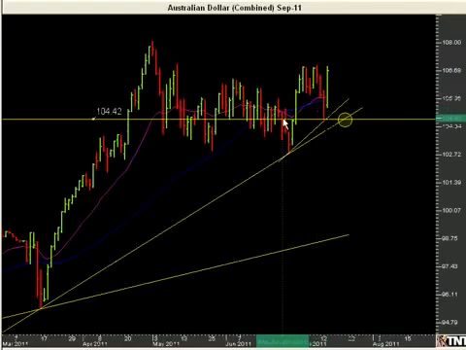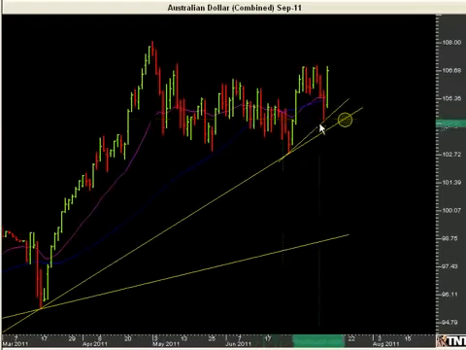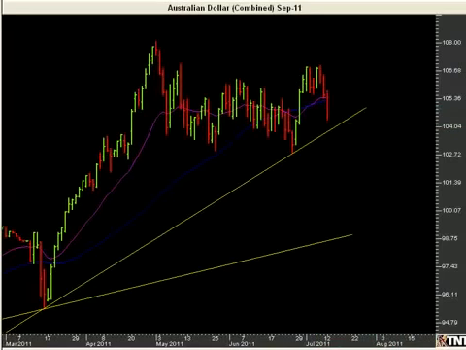If I erase this and erase this because it didn't happen just yet, okay, here we go. We see the Aussie dollar is in decline mode. We would be looking for some sort of reaction near the trend line. Now this one is reasonably close.